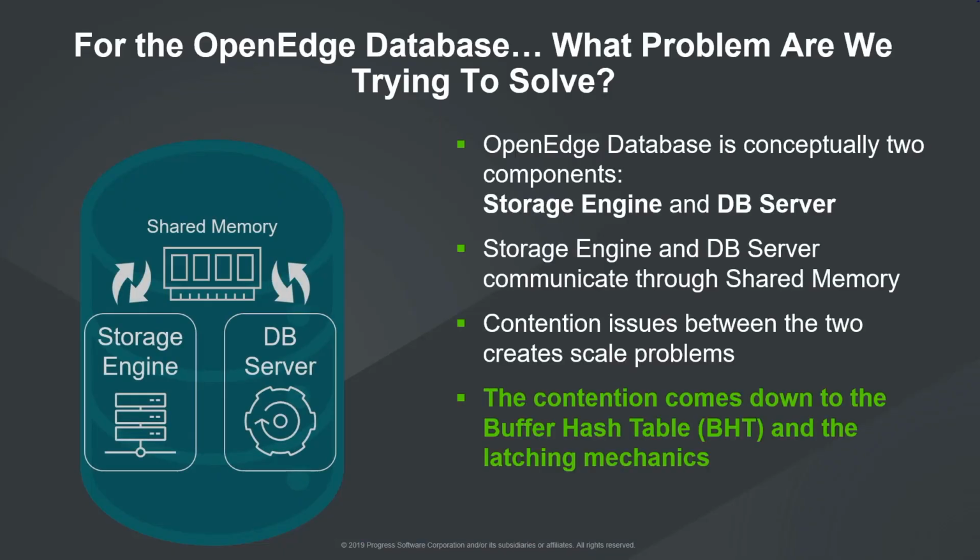As part of our work to improve the overall scalability of the OpenEdge database, we're working to optimize access to shared memory. Your applications today may continue to use self-service connections because, as we have seen, the use of shared memory provides great performance. When developing version 12, our first step was to determine where contention takes place today, and the buffer hash table was isolated as one contributor to performance degradation.